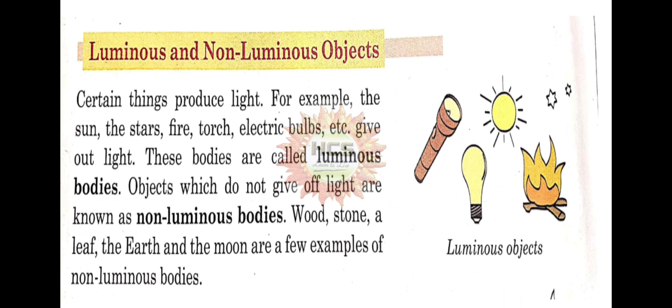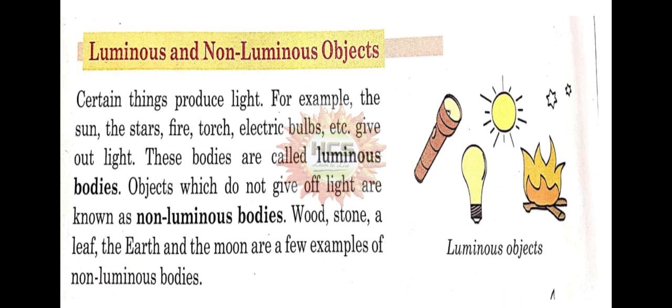They give out light. These bodies are called luminous bodies. Those objects which produce light, for example, fire and the sun, have their own light. They produce light, so they are known as luminous bodies.